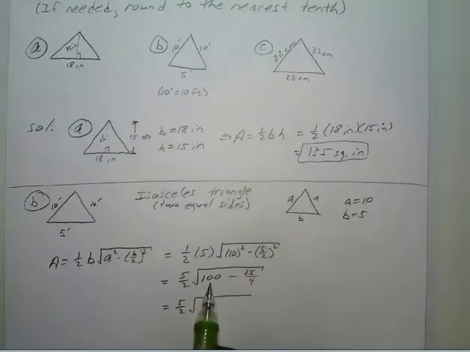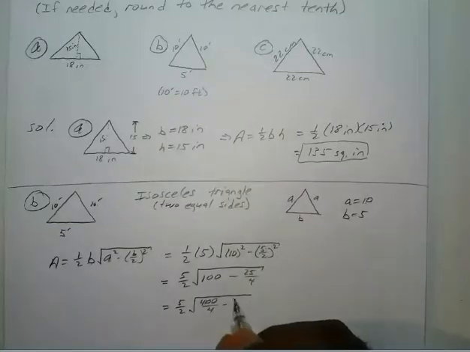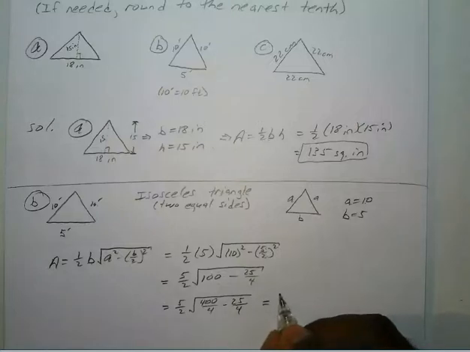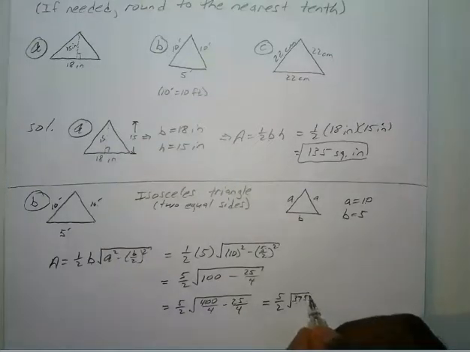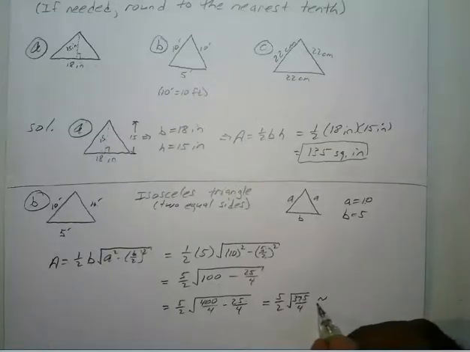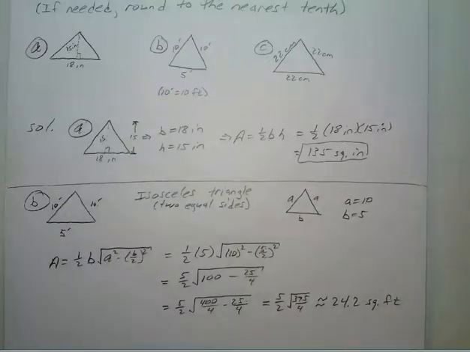So if we make this 100 over 1 and multiply by 4 over 4, we get 400 over 4 minus 25 over 4. Okay, so that gives you 5 over 2 times the square root of 375 over 4. And we're going to go ahead and just plug that into our calculator, and we end up with around 24.2 square feet when we round it to the nearest tenth.